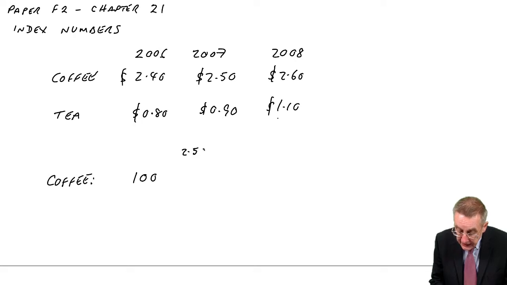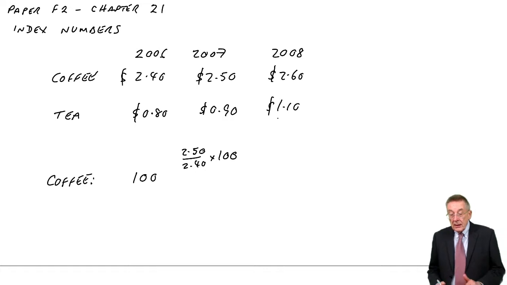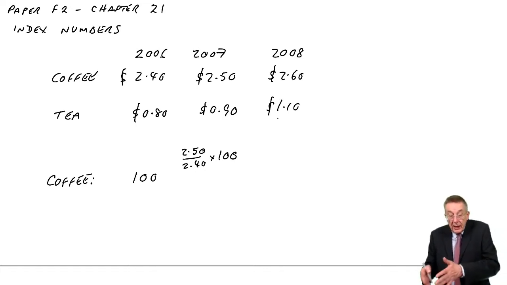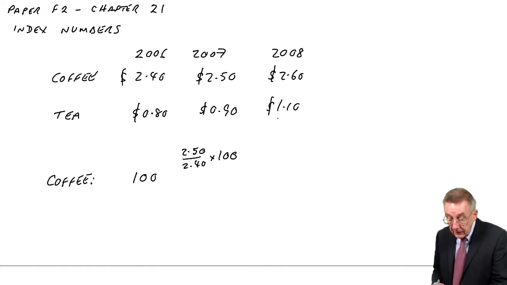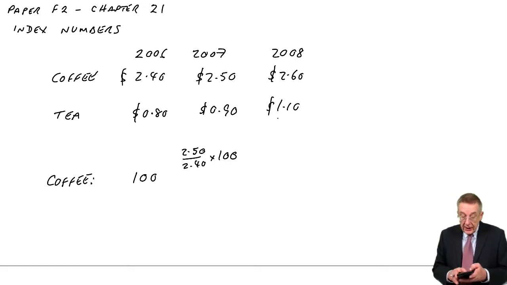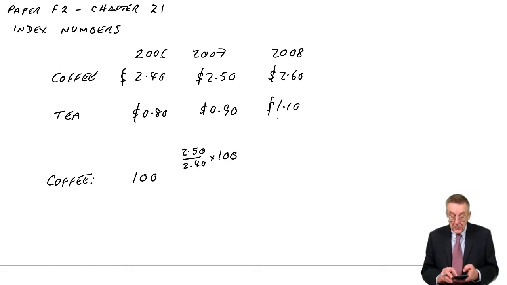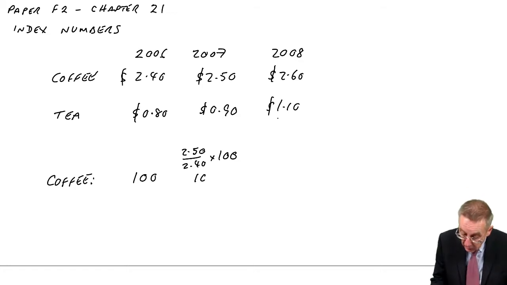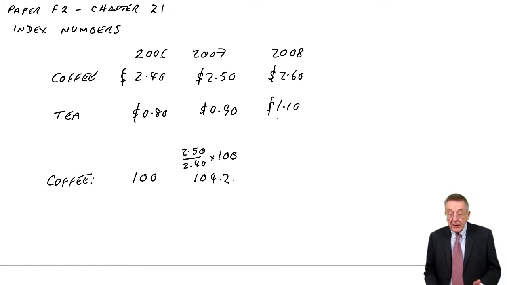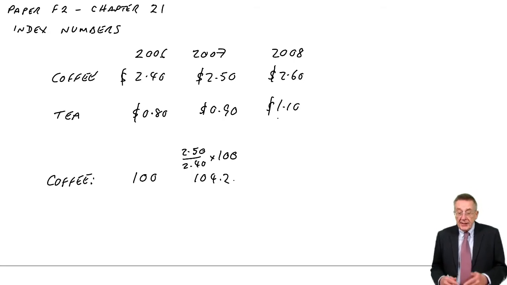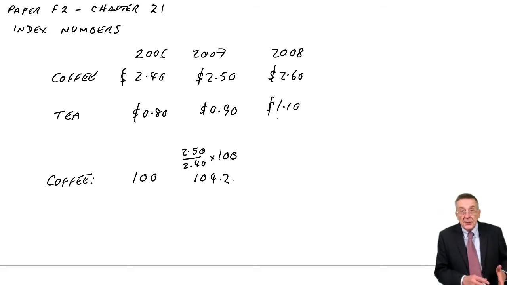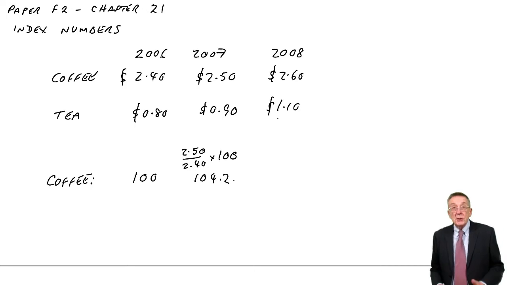And so the index number for every 100, it will have gone up to 250 divided by 240 times 100, which comes to 104.2. So effectively, although we don't give it units, we don't say this is dollars or anything, it does mean that effectively for every $100 worth of coffee in 2006, the same coffee would now cost $104.2.